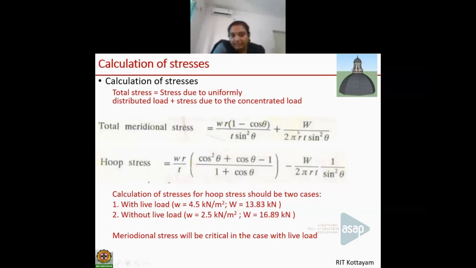And don't get confused for the case of the spherical dome with capital W. Somewhere it is given as sine square theta down, and somewhere it is given as cosec square theta on top, but these two are the same values. It can be sine square, it can be 1 by sine square, or it can be cosec square. So whatever it is.